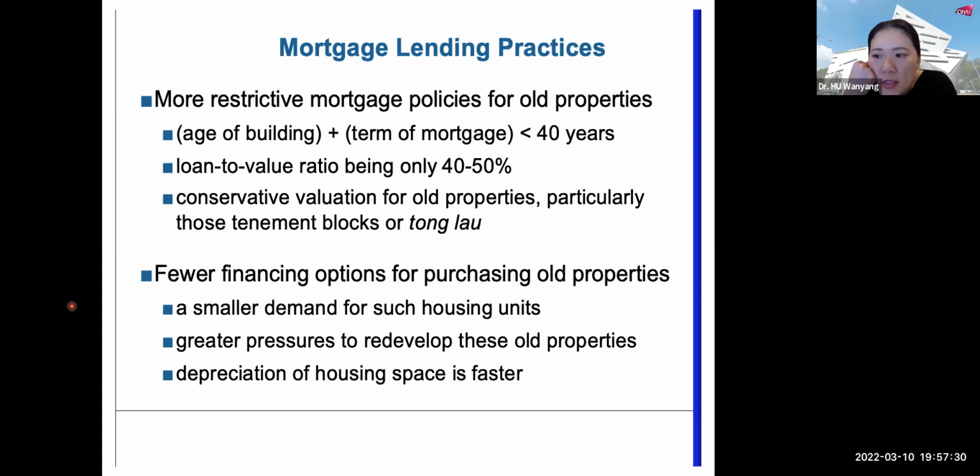So in this case, the depreciation of the housing space will be faster for those older properties because of the low demand. And the low demand comes from the restrictive mortgage policy.